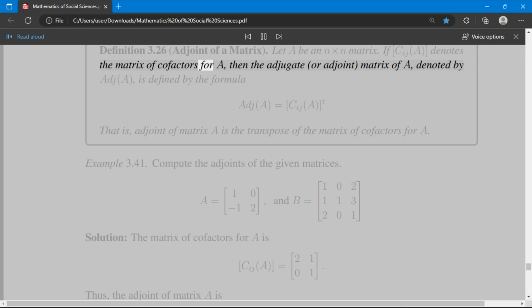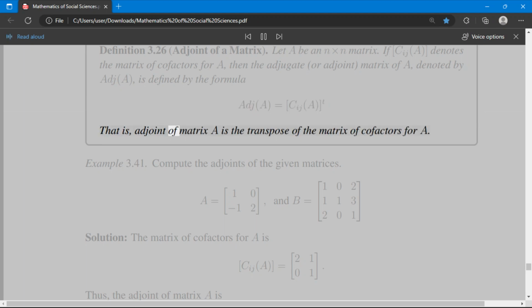If cof A denotes the matrix of cofactors for A, then the adjugate, or adjoint, matrix of A, denoted by adj A, is defined by the formula adj A equals cof A transpose. That is, the adjoint of matrix A is the transpose of the matrix of cofactors for A.